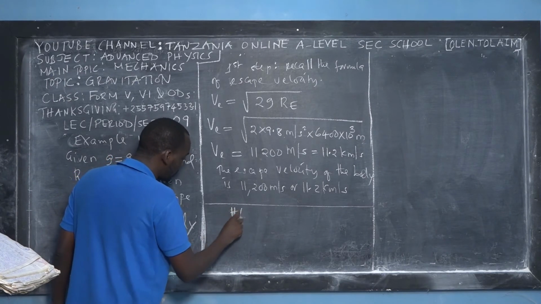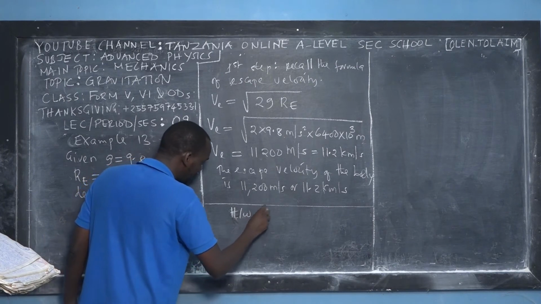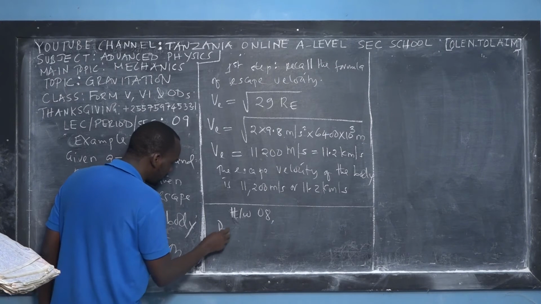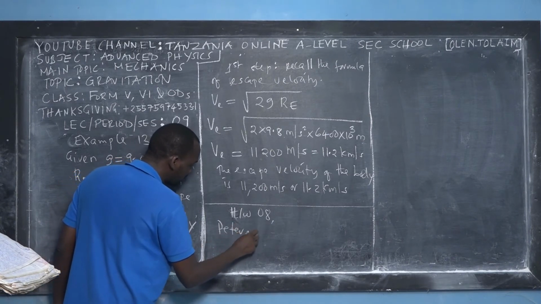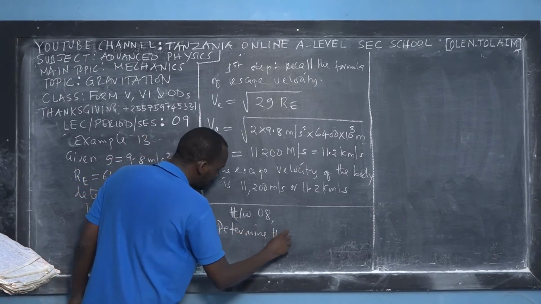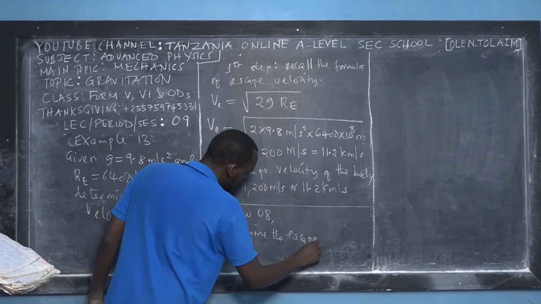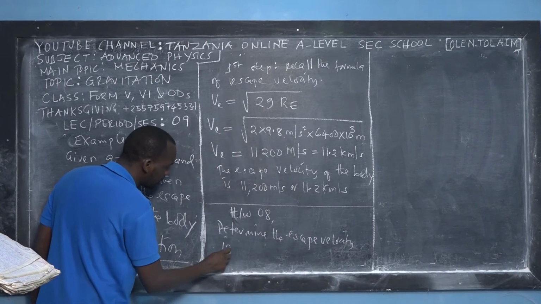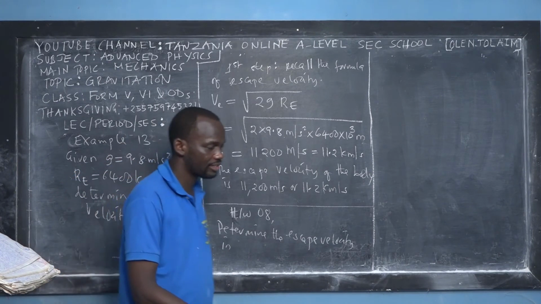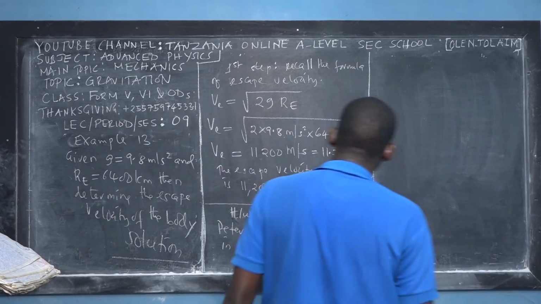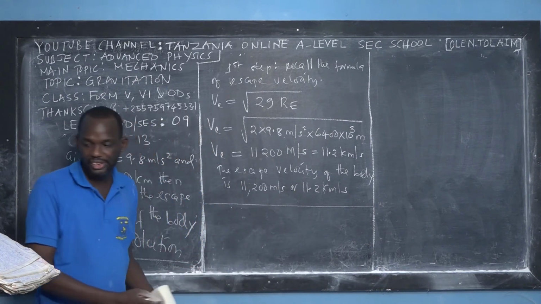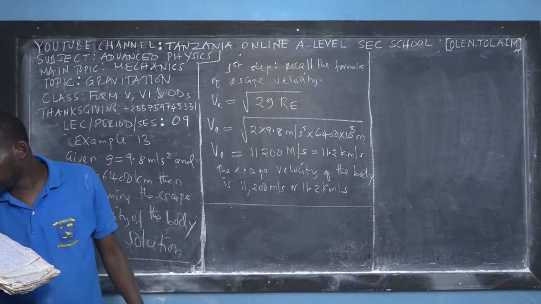So from the homework 8, yes, I ask you again to determine the escape velocity. So let us just formulate the basic formula for you. Then I'll leave the homework for you.